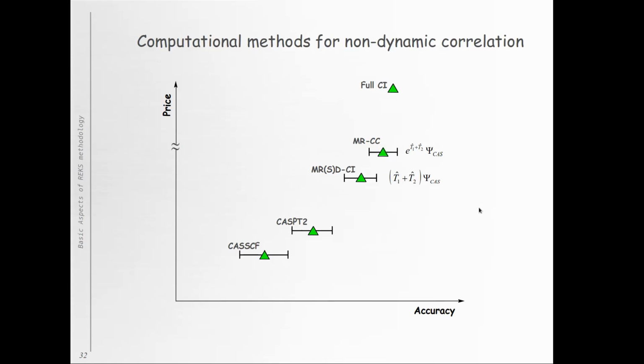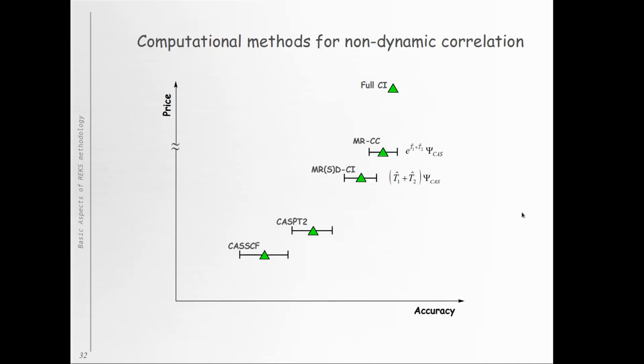Non-dynamic correlation mostly comes from a few orbitals. But in the case of dynamic correlation, we need all orbitals. So there's a big difference. For non-dynamic, just a few orbitals are necessary. For dynamic, we need all of them.